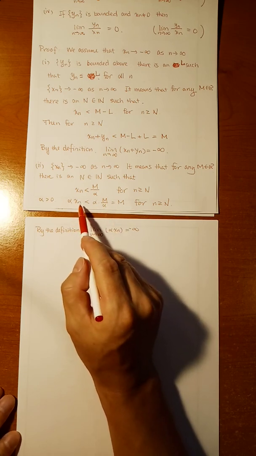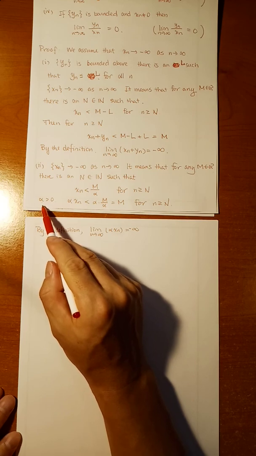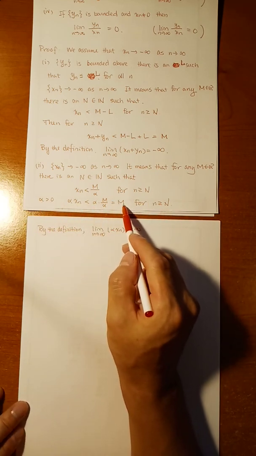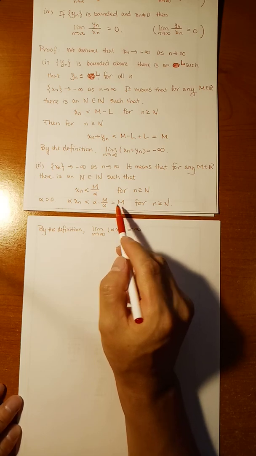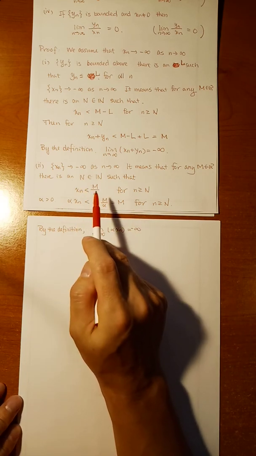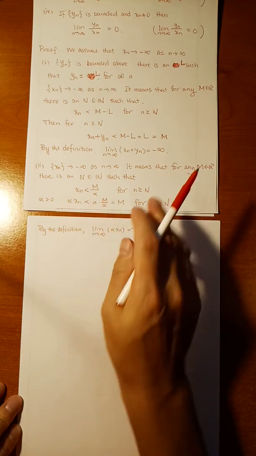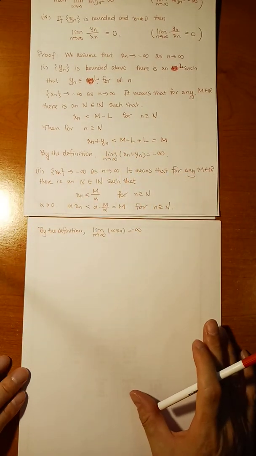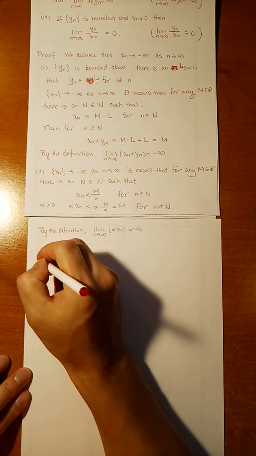So this place you use the positivity of alpha. And this proof does not work for the negative alpha. Actually, negative alpha will switch positive infinity and negative infinity.